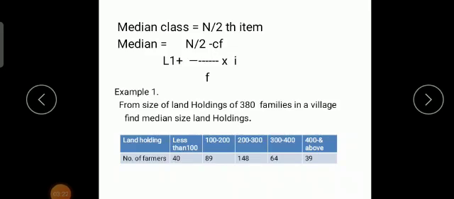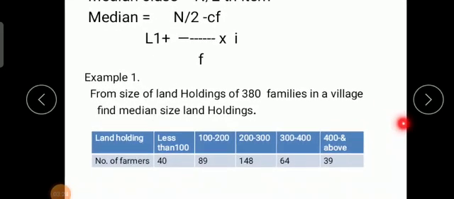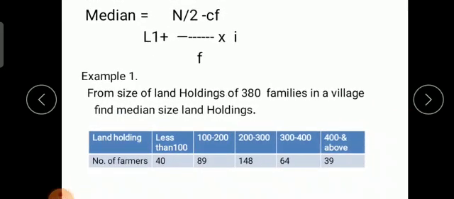Now let's take the example: the size of land holdings of 380 families in a village. Find the median size of land holdings. Land holding means the area of land held by the farmers. It is given as less than 100, then 100 to 200.